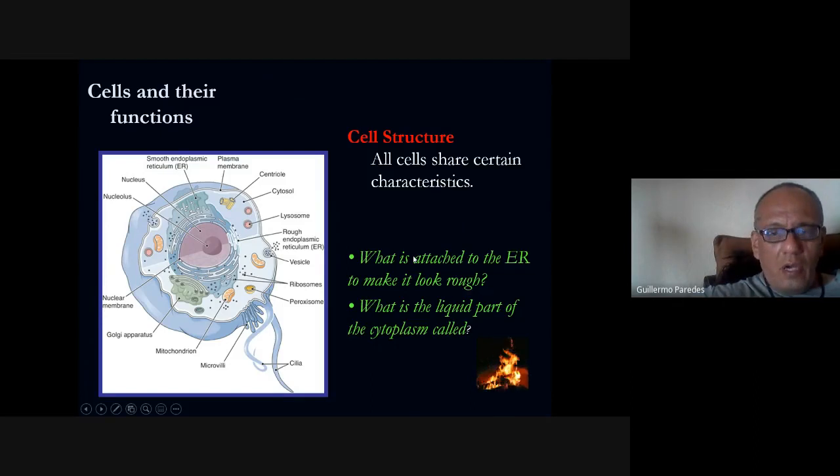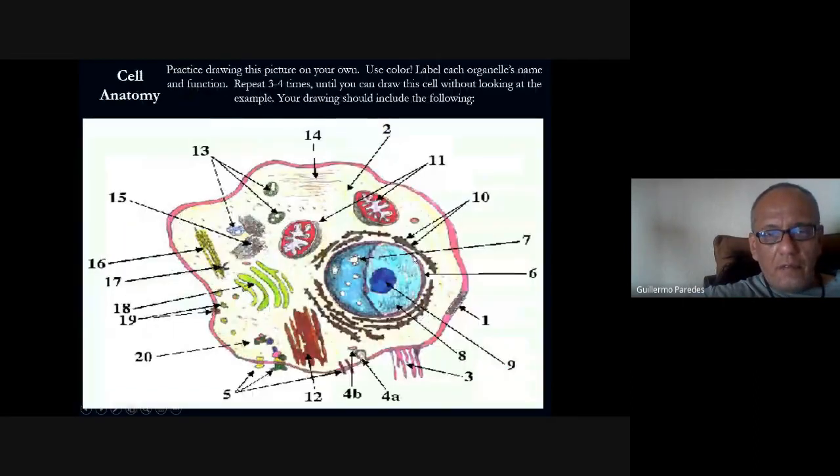All right. So here we have this cell, and this cell has all the characteristics of a cell, all the components. You already know that what is inside the cell, including the nucleus, are called organelles.